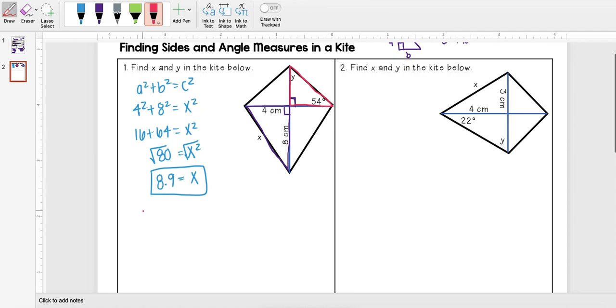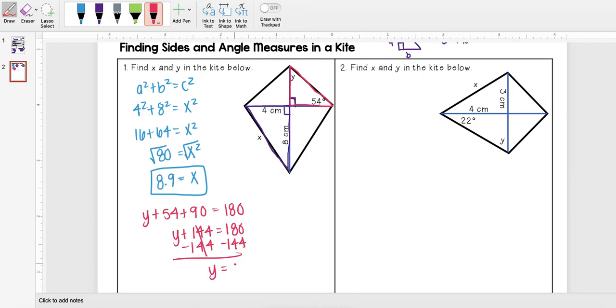So I can have y plus 54 plus my right angle, which is just 90 degrees, is equal to 180. Well, 54 plus 90, I get 144. Subtract 144 from both sides, and I get that y is equal to 36.